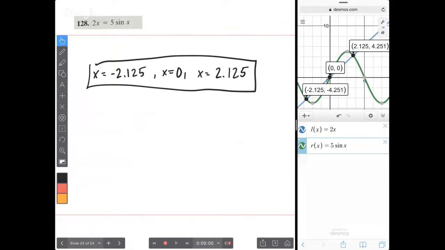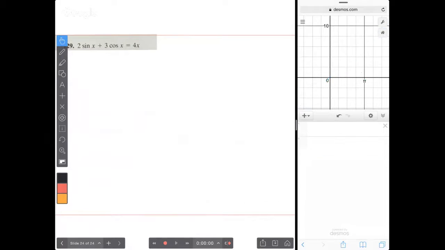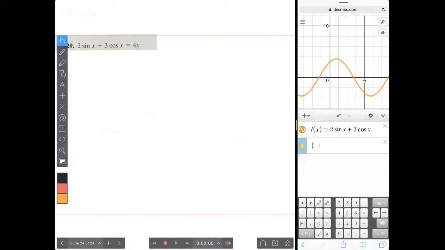Okay, the last one again would just be, and then I'll do secant properties, Mary. So here's left side function is 2 sine x plus 3 cosine x, and it needs to equal the right side 4x.